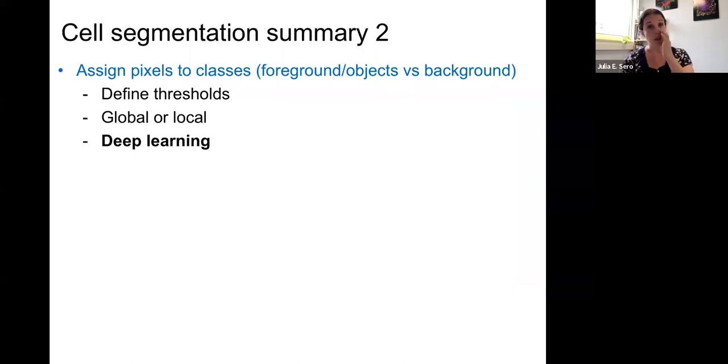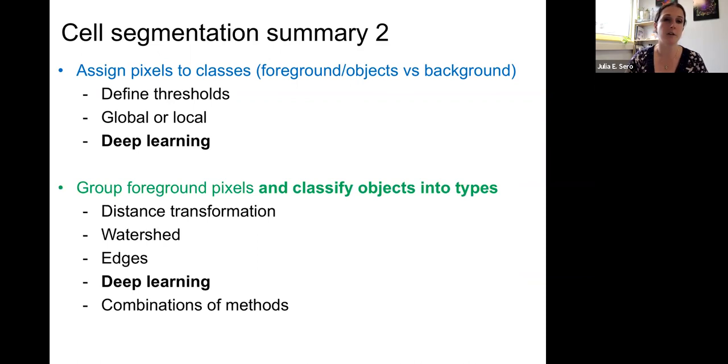Okay, so just to sum up this bit, we can also use deep learning for basic pixel classification. So when defining thresholds, either globally or locally, is failing us, then deep learning can ride to the rescue.